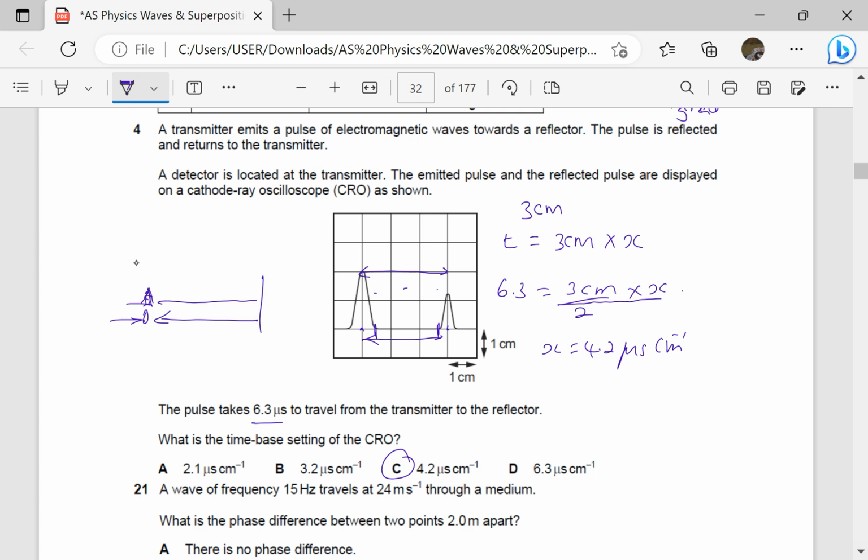The time between the pulses is 3 centimeters times the time-base setting, but this time is twice, yet the time which was given is just one way, from the transmitter to the reflector, 6.3. That's why I divided this by 2. This gives us the time-base setting as 4.2. Because this was in microseconds, it is 4.2 microseconds per centimeter.